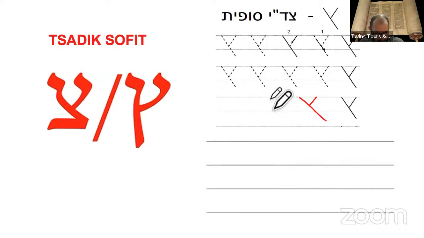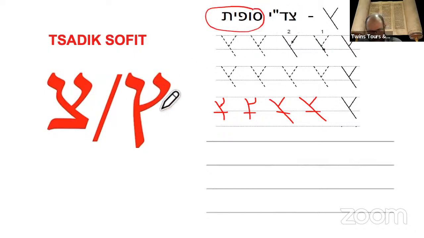But notice it goes below the line. That's the key, below the line. It also comes in different forms. Sometimes you find it at the end in a different font. It depends on the font, but the key is below the line. It's Sade Sofit.